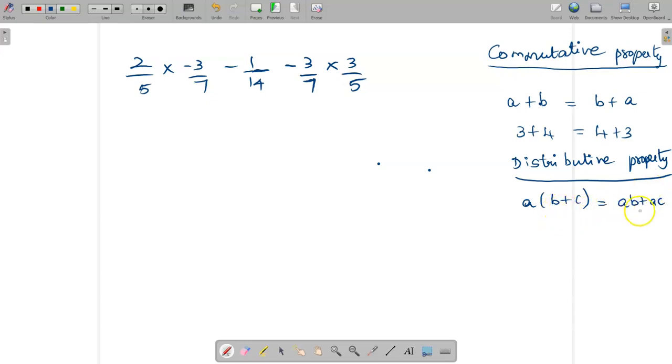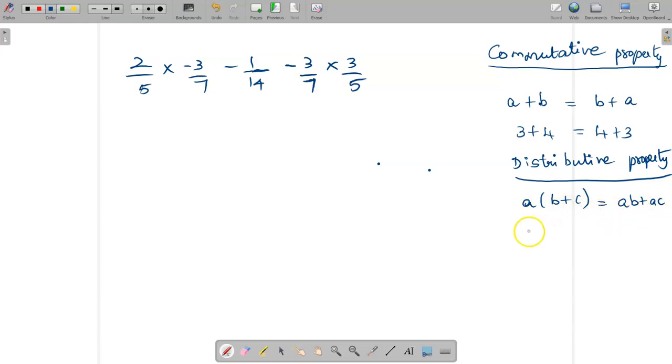That is, when we have the sum b + c multiplied by a common factor outside, that is equivalent to multiplying the common factor individually to each term inside, and then putting a plus sign in between. So a × b and then a × c we write, and then we take the sum of these two terms. So that will be equivalent to this term.